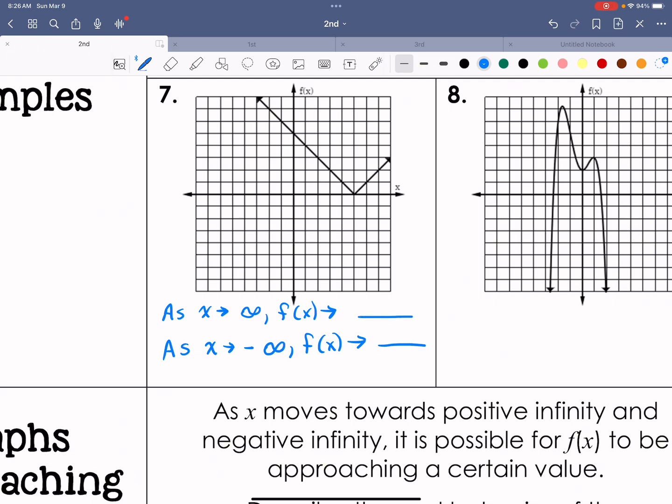This part's going to be the same over and over. So let's look at our graph. What happens to this graph as x goes this direction? The graph goes up. So if it goes up, that's positive infinity. All right, now as x goes this direction, what does our graph do? It also goes up. So it approaches infinity.